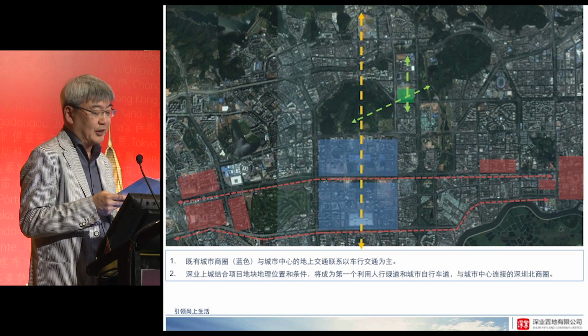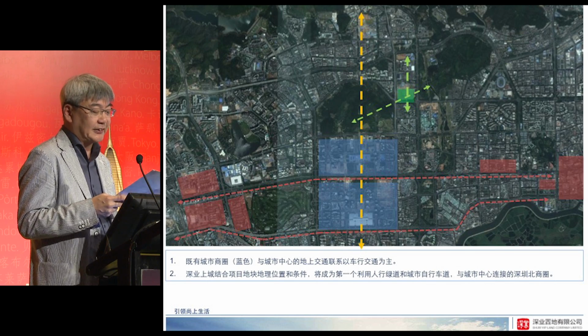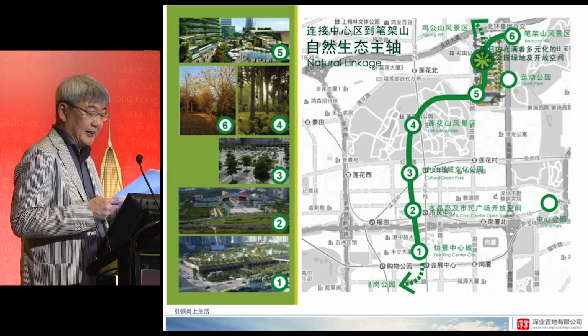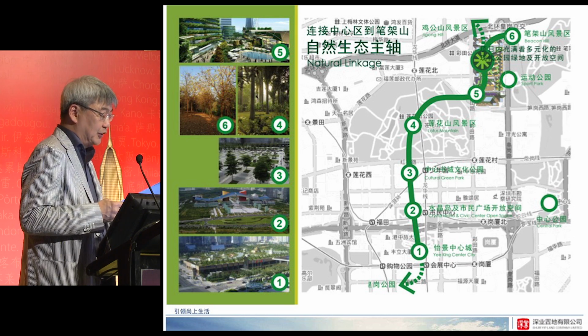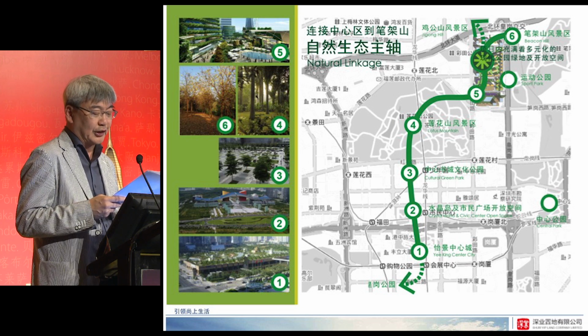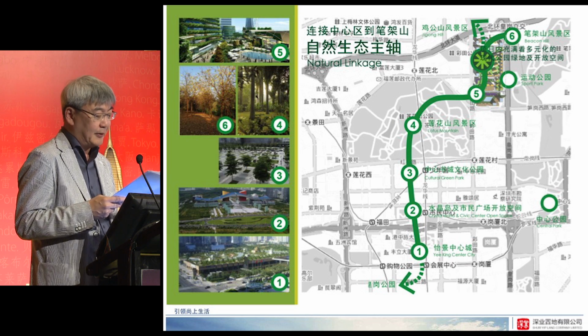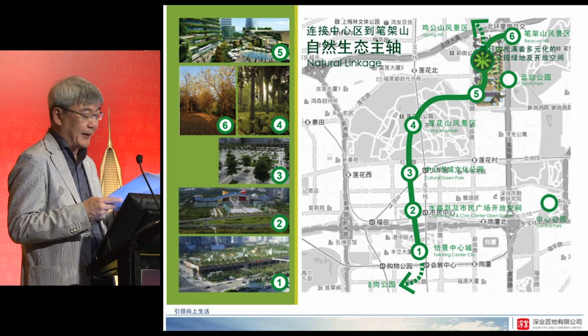On the east and the west axis, we built an ecological passage for passengers as well as bicycle riders. And this corridor is connected with the roads of the two parks.